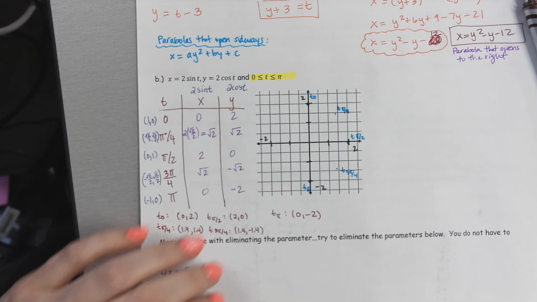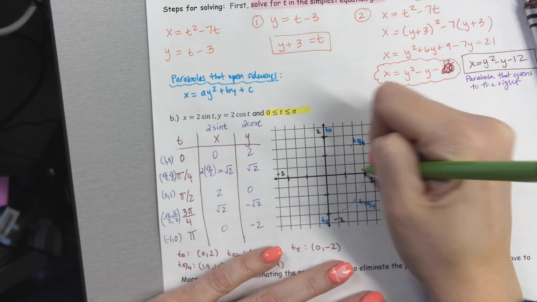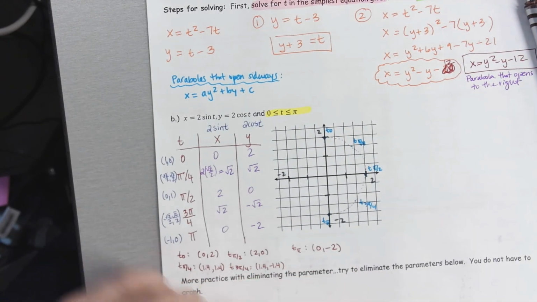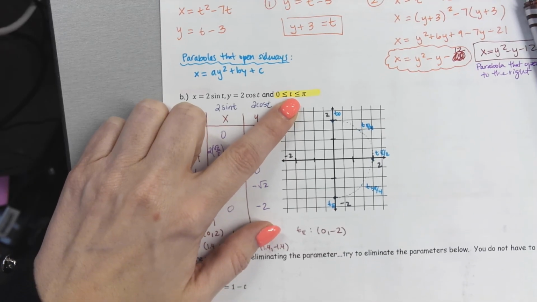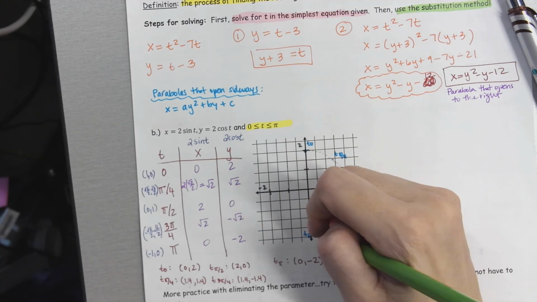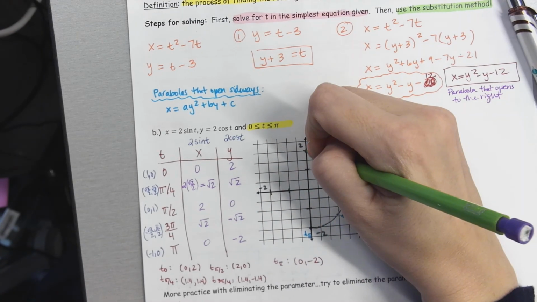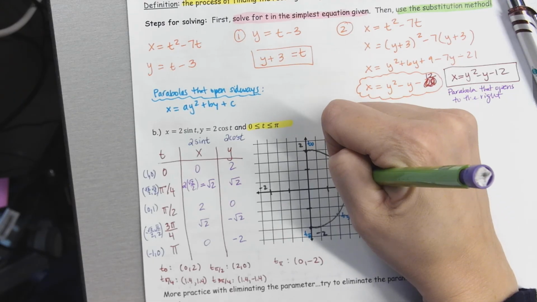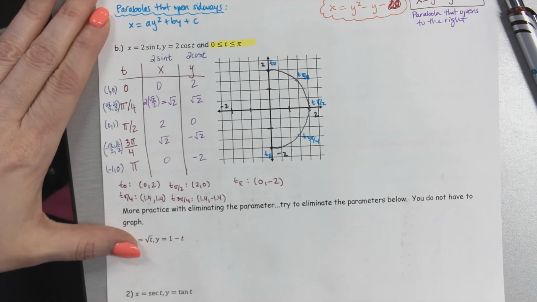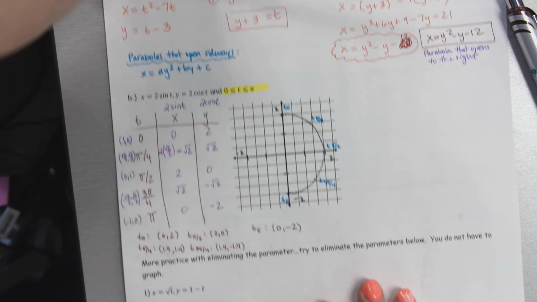Yeah, it's half of a circle. Do you guys know why it's only half? Yeah, your t value is 0 to pi, and that is half of a circle. So if it was to 2 pi, you get to see the full thing. Which means when you eliminate the parameter, you should have the equation of a circle, okay, because it is half of a circle.